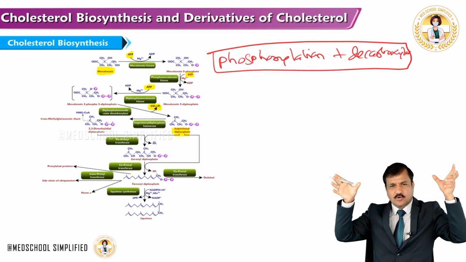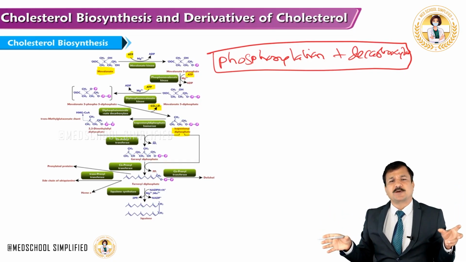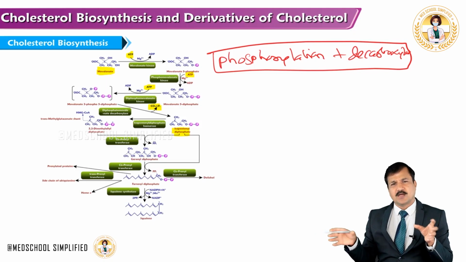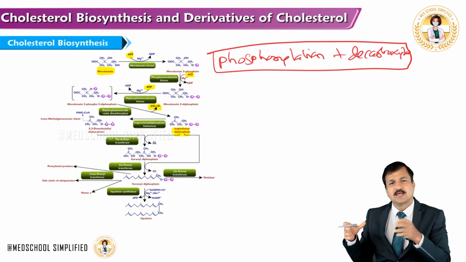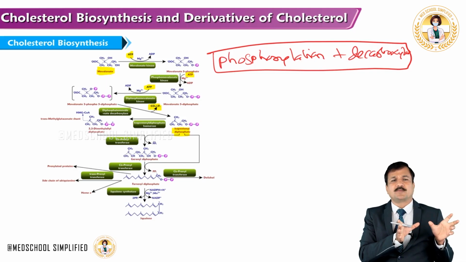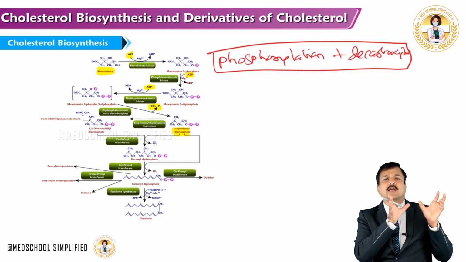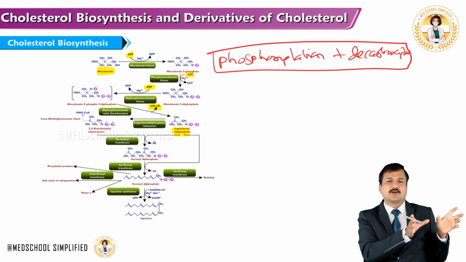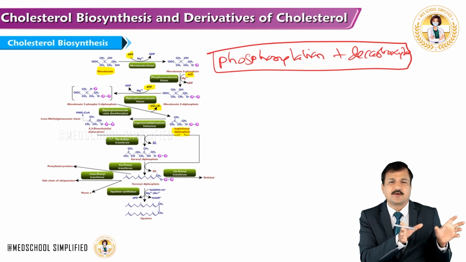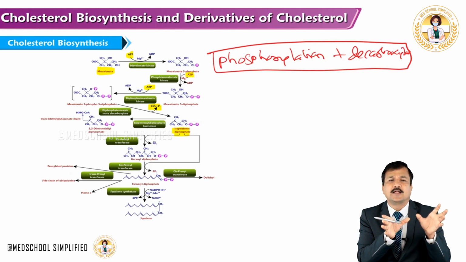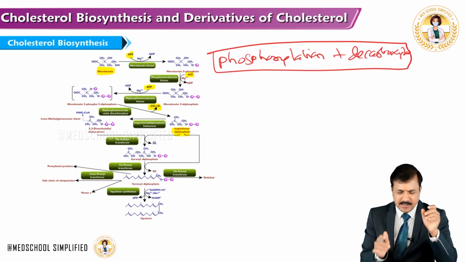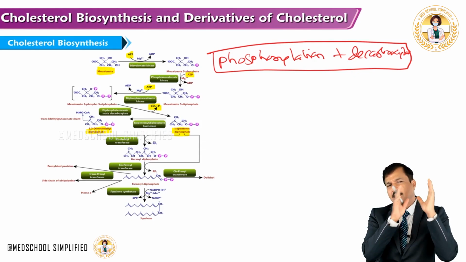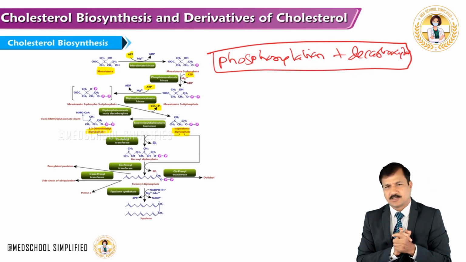That means with two cholesterol biosynthesis pathways, on one side you get isopentenyl pyrophosphate, pyro means di, and in the other pathway we get isopentenyl pyrophosphate converted into dimethylallyl pyrophosphate or dimethylallyl diphosphate.